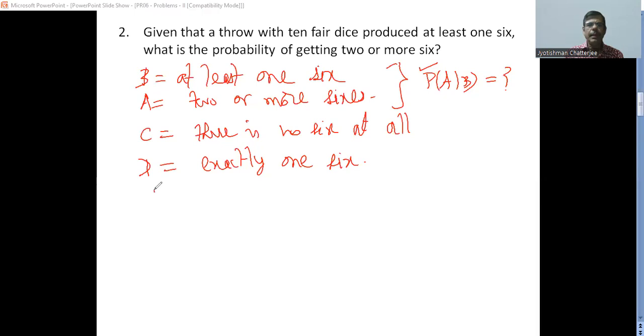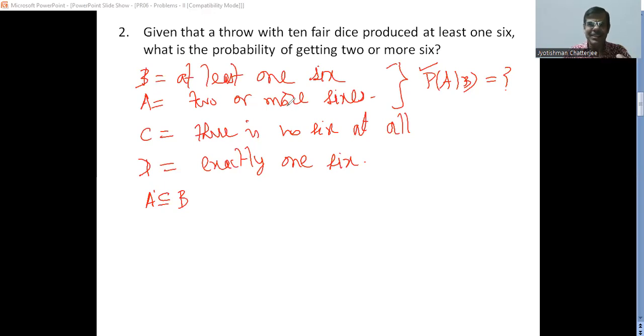Event B we know. Observe this thing. A is a subset of B. Why is it so? Because when event A occurs, that means 2 or more 6s have appeared.